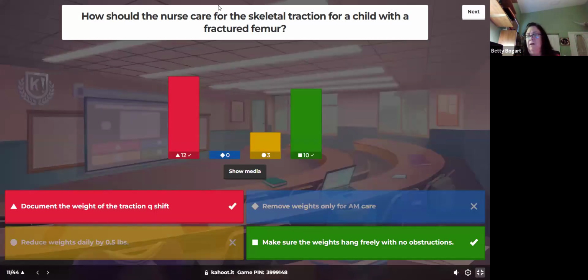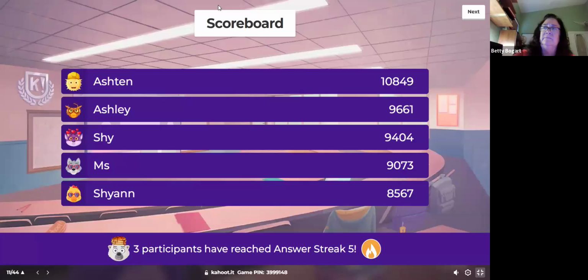Remember, you never, ever, ever remove them. You don't change the weight on these tractions unless it's ordered by a physician. Usually they're not. Always document the weight and that weights are hanging freely, and you document that also.